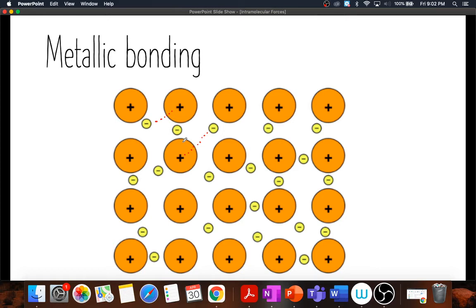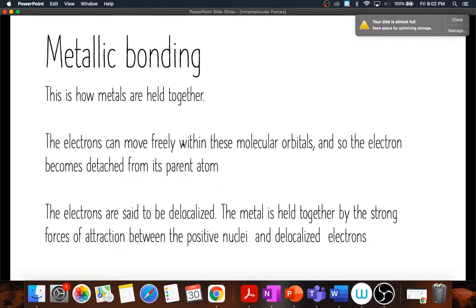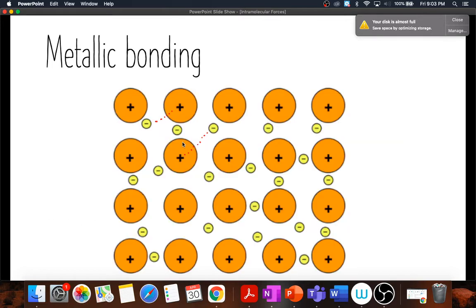So if you're talking about a block of gold, those electrons are delocalized in there. The metal is held together by the strong forces of attraction between the positive nuclei and the delocalized electrons. And because of this, you end up with a very strong intramolecular force. Okay, so that was the first intramolecular force.